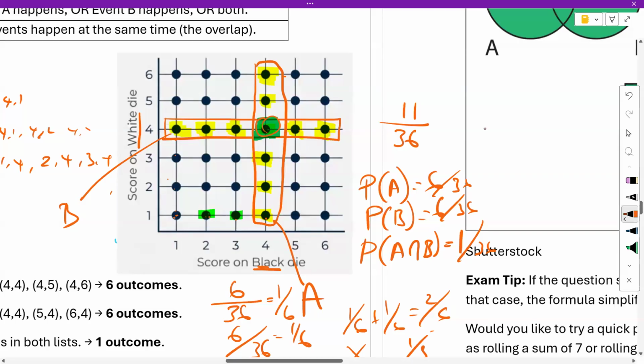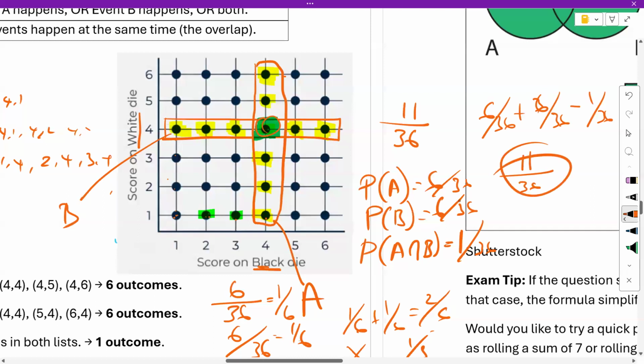According to the formula, 6 over 36 plus 6 over 36 minus 1 over 36 equals 11 over 36. Understood?